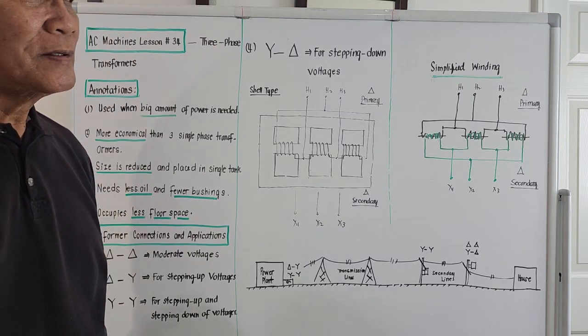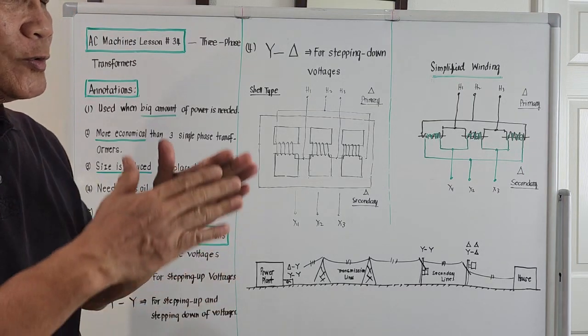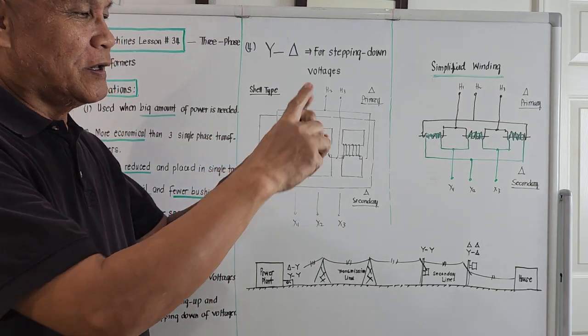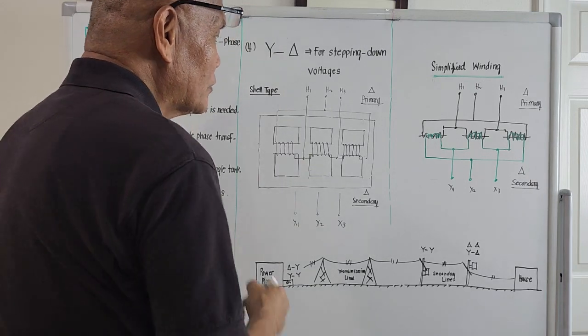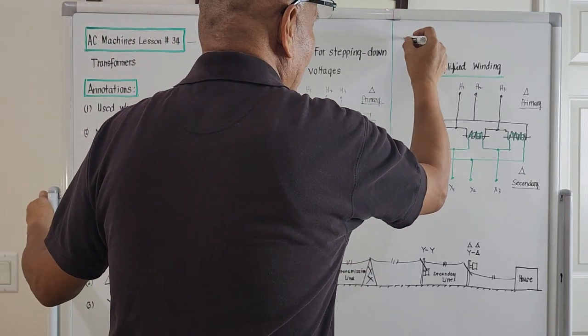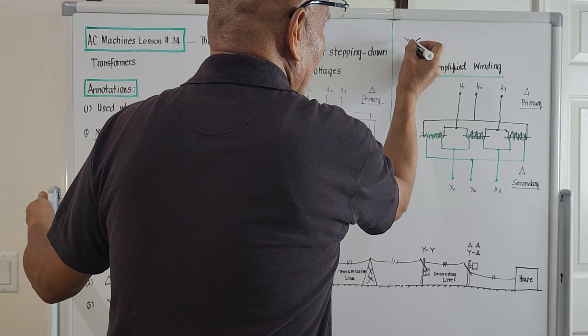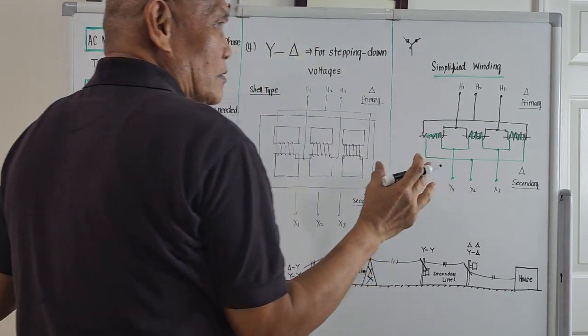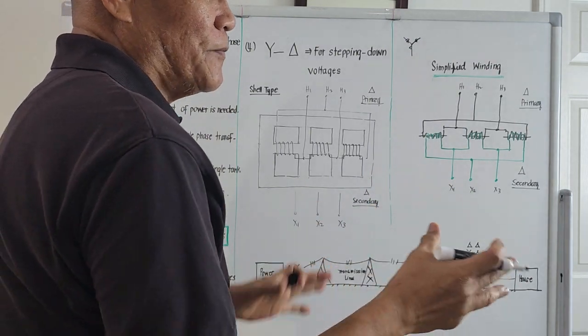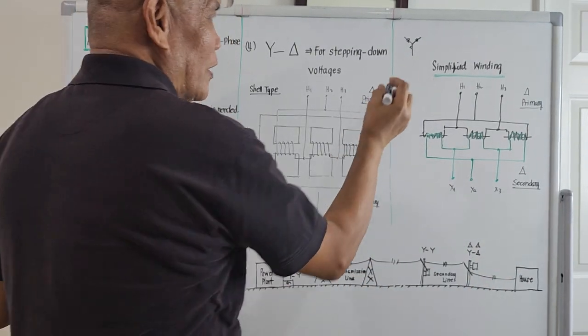If it's Y, you know how to connect Y, right? It's a letter Y. So there will be three windings, one in each phase. To make a three-phase, there should be a common point.